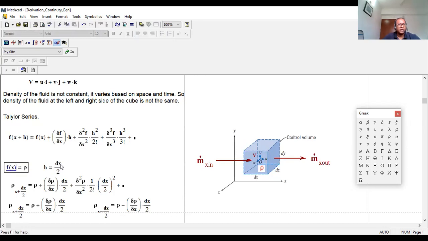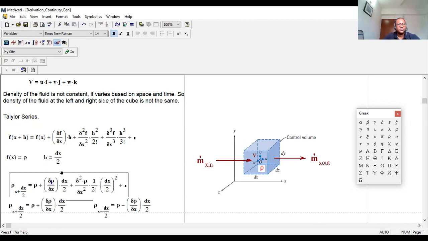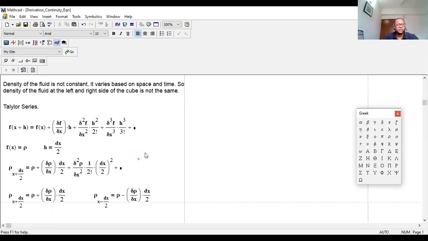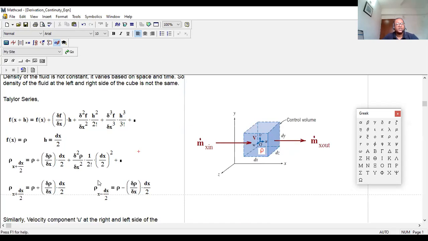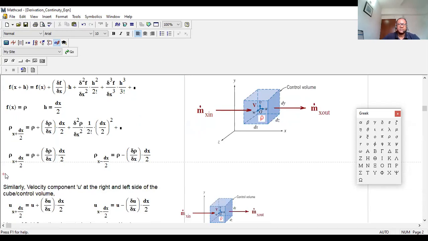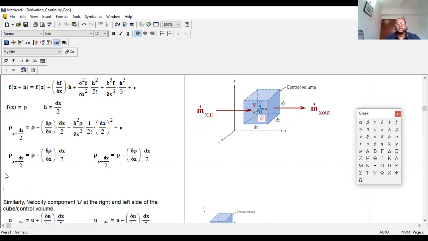Then we get this equation. The higher order terms with dx by 2: dx is a very small term, you divide by 2, then squaring makes it even smaller. So we can neglect them for simplification. Again, that means we are missing some accuracy, which we can justify by experiment.